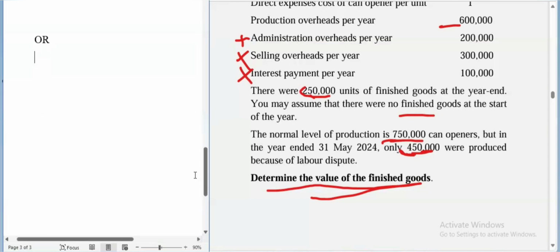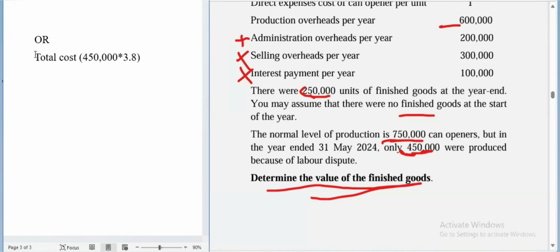How many units were produced? 450 units, right? So the total cost will be the total cost of all the units produced. We said 450 units were produced, 450,000 units. And then the cost per unit is 3.8, right?